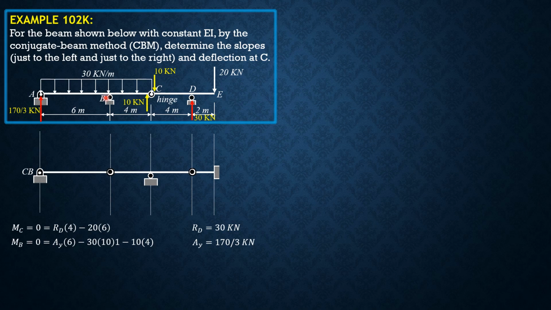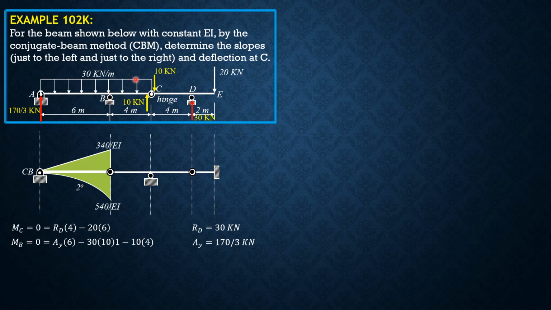Since we select B as our moment center, the moment of the 30 kilonewton load is 30 times 6 times 3, this is second degree. And the value here is 30 times 6 times 3, which is 540 over EI. Then the moment due to the reaction, 170 over 3 times 6, is equal to 340 over EI.